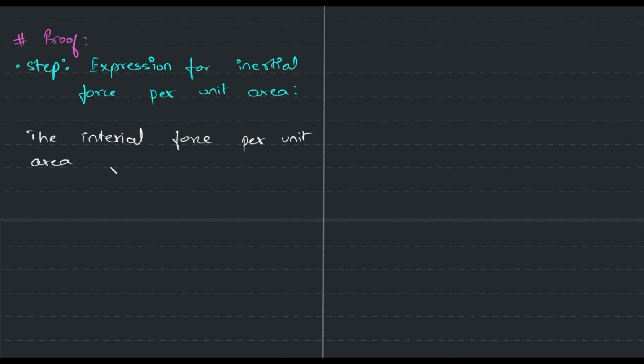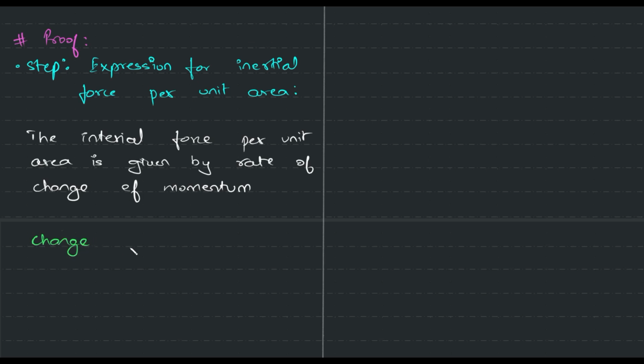Again, this is something that we'll take as given. For a given fluid, the inertial force per unit area is given by rate of change of momentum. Where did this come from? That is something that we have to take as given, from someone who has researched it and given this relationship.